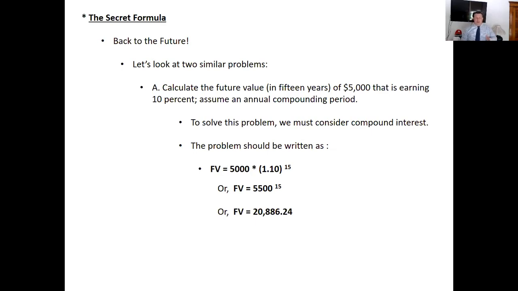FV equals $5,000, the present value, times 1.10, the interest rate plus 1, to the 15th power, and in the end, future value equals $20,886.24. In 15 years at 10% interest, our $5,000 would become $20,886.24.